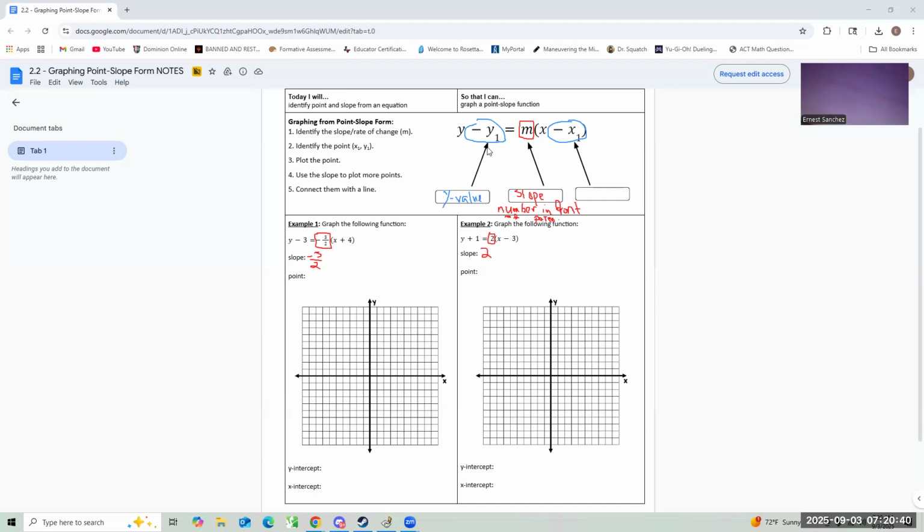And if you remember correctly, your y is actually the second number in your point. So this is actually the second number. And then this will be your x value. And this in your parentheses is always going to be your first number, right? First number.